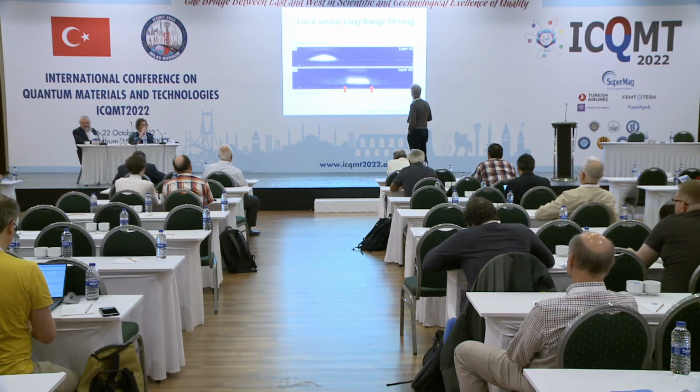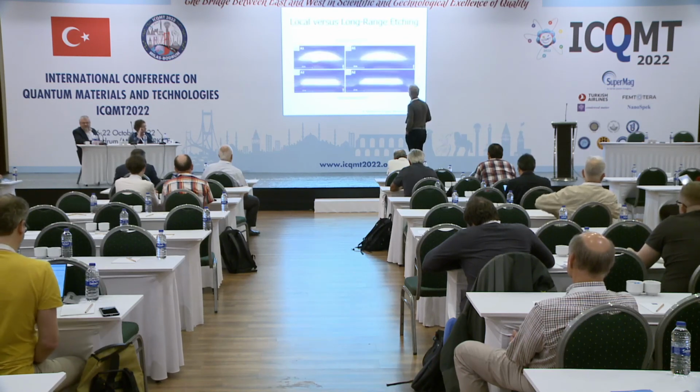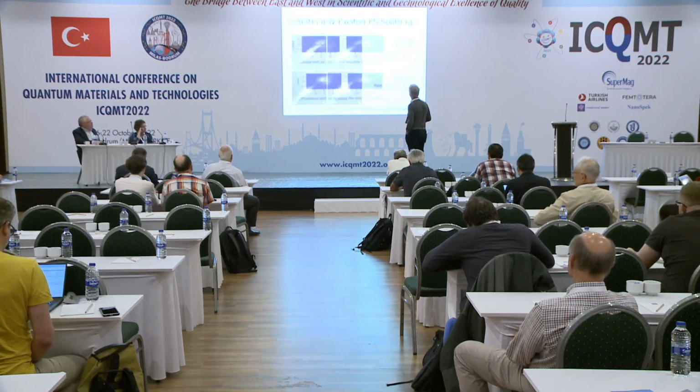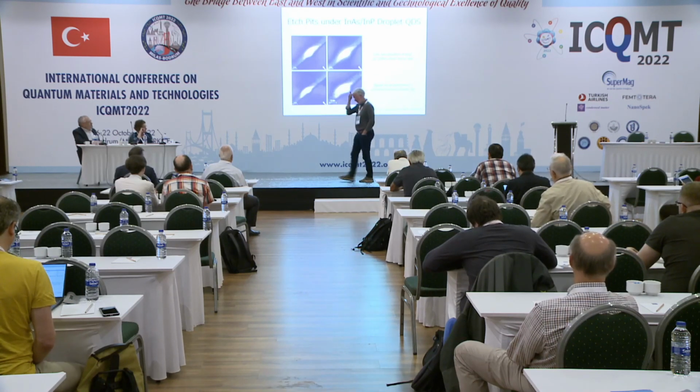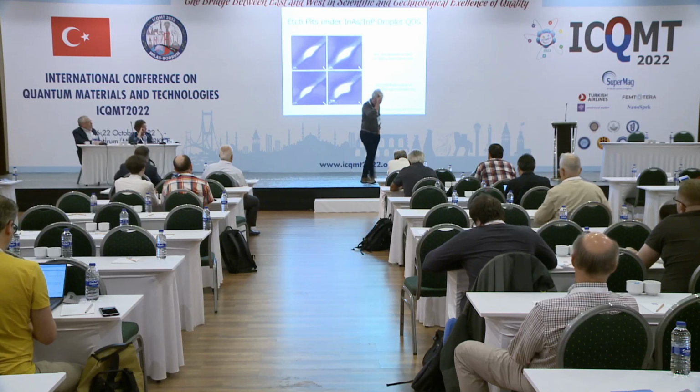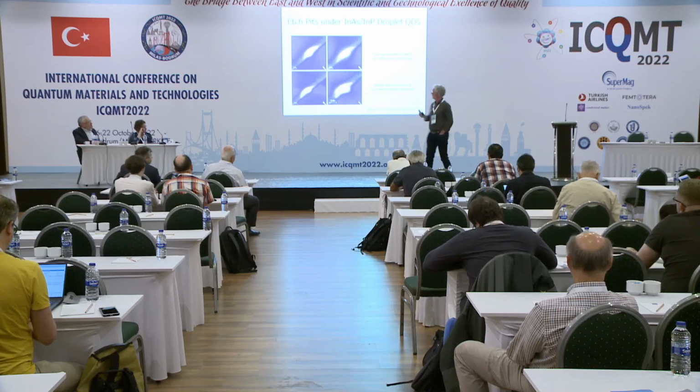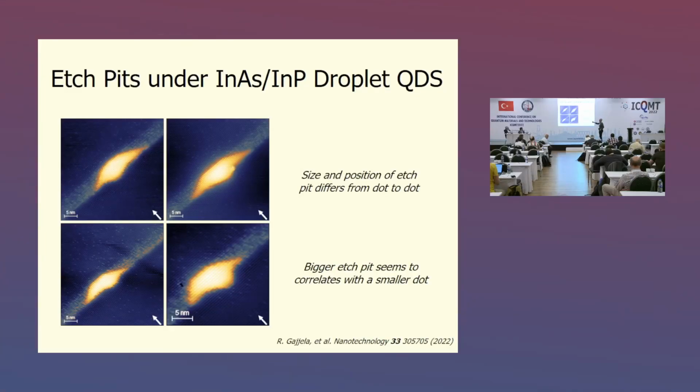Let me try to answer your question. I don't know whether I have the right picture for that. No, then I have to go into my reserve slides, which is a bit different. I can show you that afterwards. But in principle, yes. And especially you can see that in the wetting layer. I mean, in the wetting layer, in the case of the indium arsenide, indium phosphide structures, this is an exchange process where phosphorus goes out, arsenic goes in, so then you make indium arsenide in between the quantum dots due to exchange.